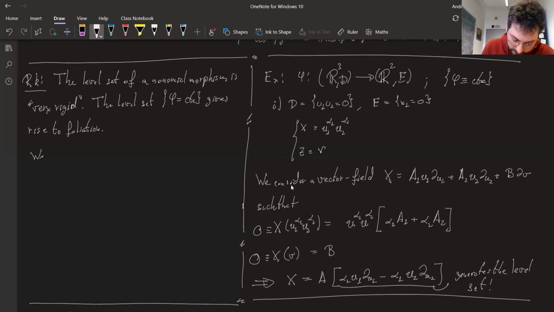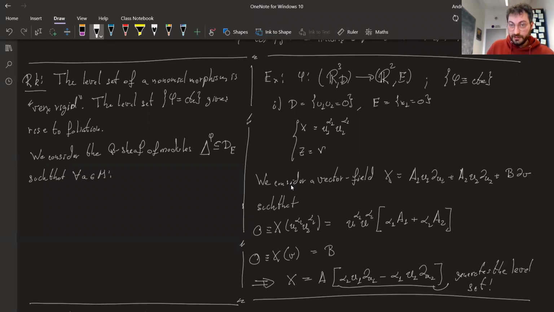So we consider the sheaf of modules, which we're going to call gamma phi, which is going to be contained in the sheaf of derivations tangent to the exceptional divisor, such that for every n, a in n, we give them by the stalk: phi at a, this is going to be the vector fields in dE in the stalk A.